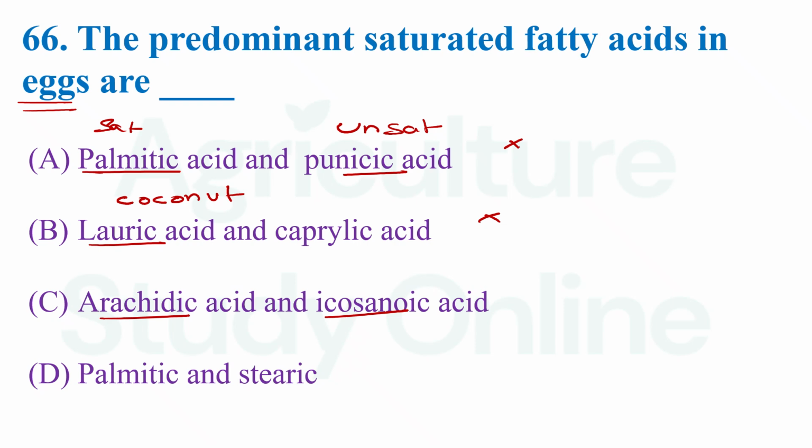Arachidic and eicosanoic acid. So it is a long chain saturated acid. So it is present in very small amounts in egg. So the most correct option will be option number D, that is palmitic acid and stearic acid. It is common in egg yolk lipids.